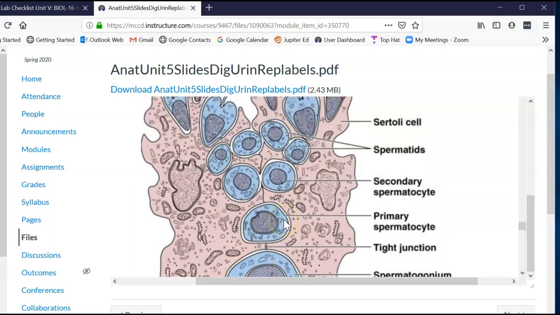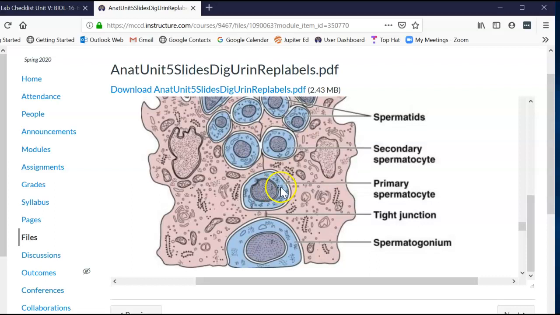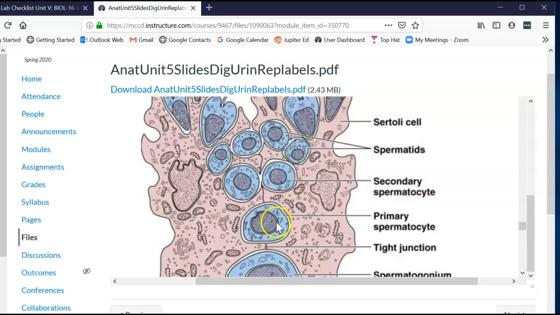There's a spermatogonium that divides by mitosis into one cell that stays here and the other cell that moves on as a primary spermatocyte. This is a diploid, 2N, and this will then undergo meiosis. The primary spermatocyte in the first division of meiosis produces a secondary spermatocyte, reducing the number of chromosomes. Now this is haploid.